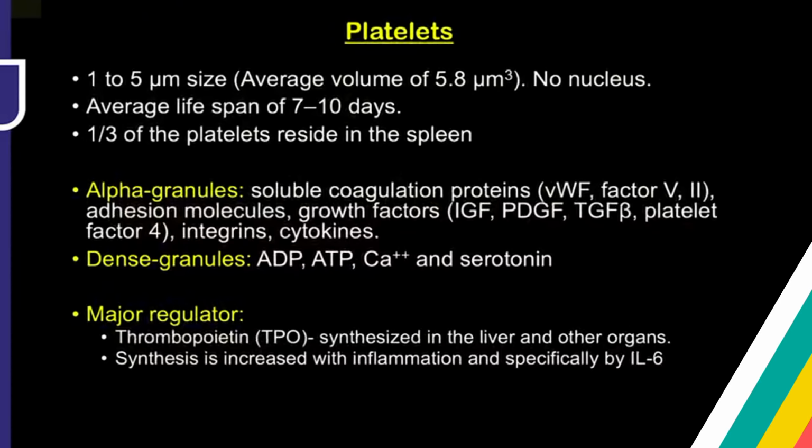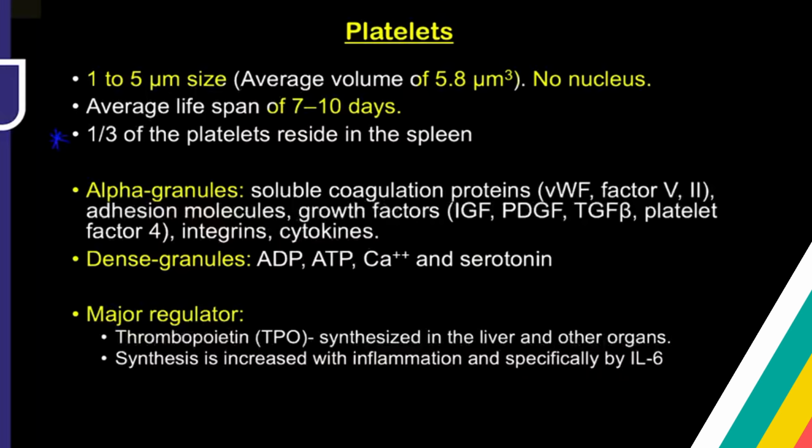So platelet, certain important information can be given in your MCQ. Number one, the average size is 1 to 5 micrometer. You know that. The volume is 5.8 micrometer cube, and it does not contain any nucleus. Average half-life is 7 to 10 days. All of you know that thing because you have read it in pharmacology. Now the third point is very, very important here.